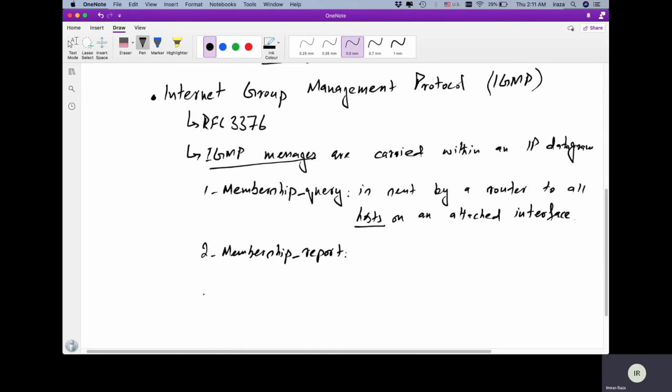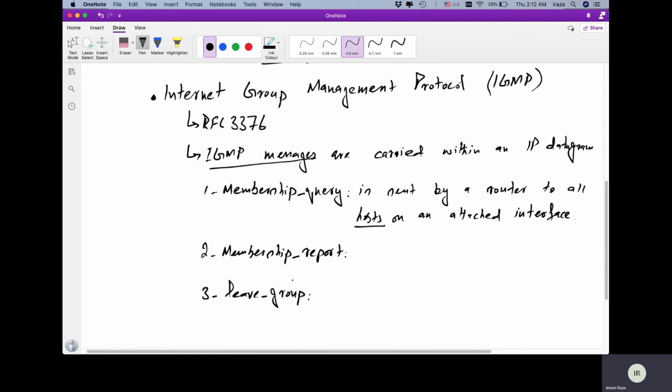And the number three message is called leave group. So the final type of IGMP message is the leave group message. By the way, this message is optional.